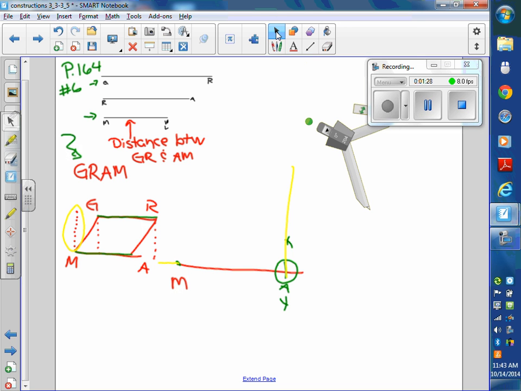In other words, they call it ML, but it's this distance here, and that distance is going to be the same here, or outside. Does that make sense? So I need to make a perpendicular.